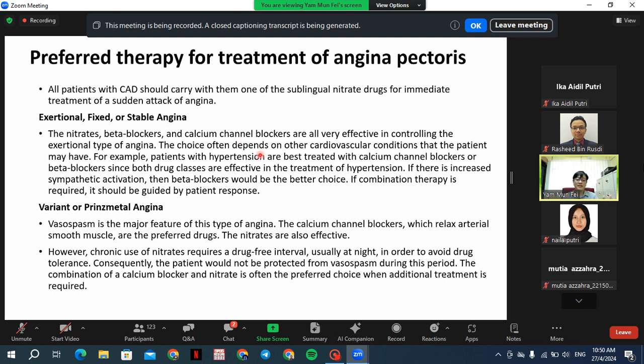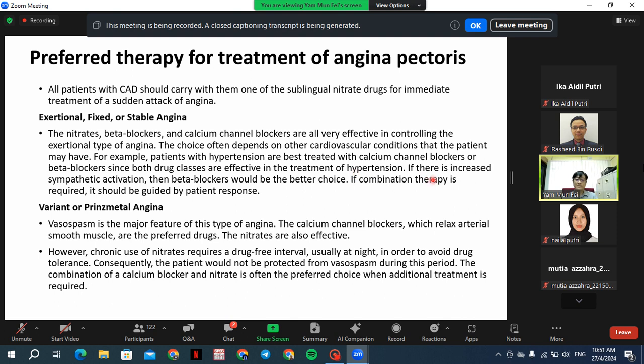If they have hypertension, even though not all angina patients have hypertension, and if they have both exertional angina and hypertension, you can consider a calcium channel blocker or beta blocker, because both drugs are able to control the condition and also reduce the hypertension.